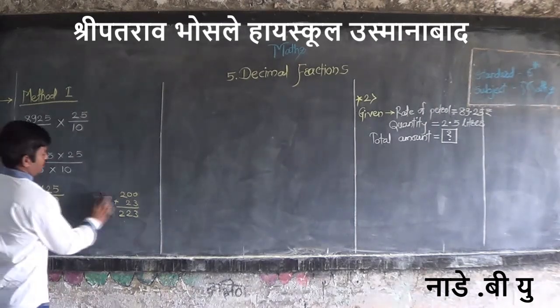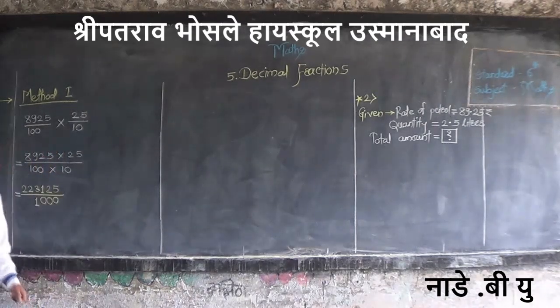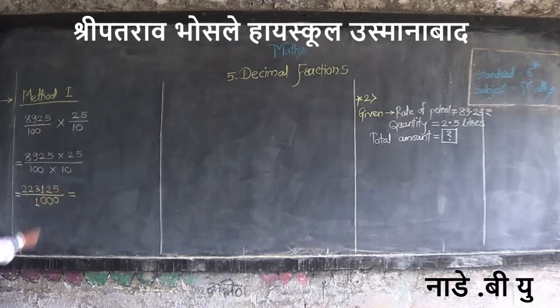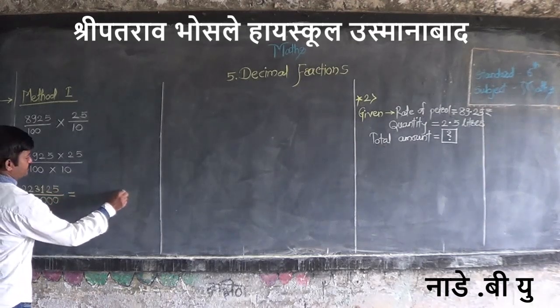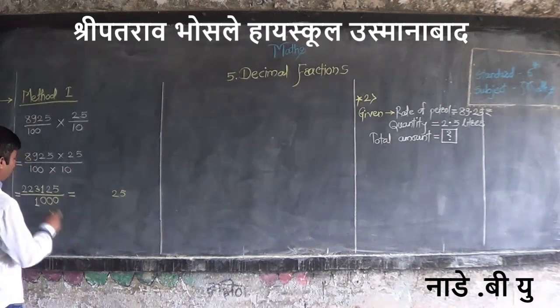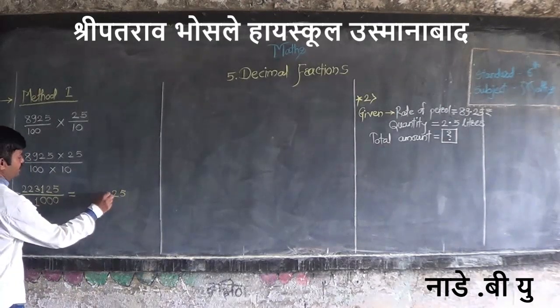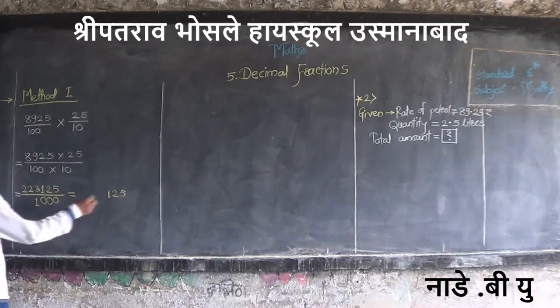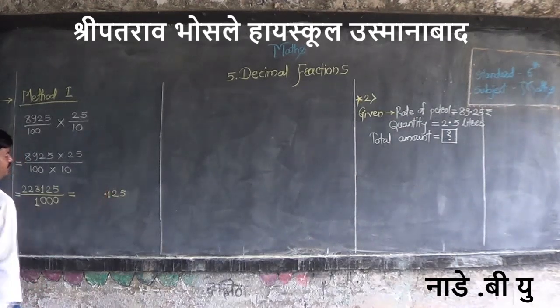Here the common fraction is converted into a decimal fraction. The 5 is in the thousandths place, 2 is in the hundredths place, and the first digit place is the tenths, and here is the decimal point.